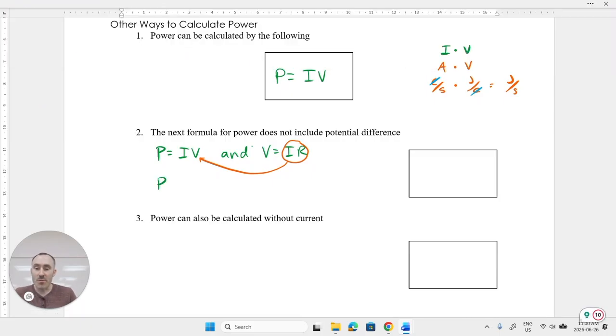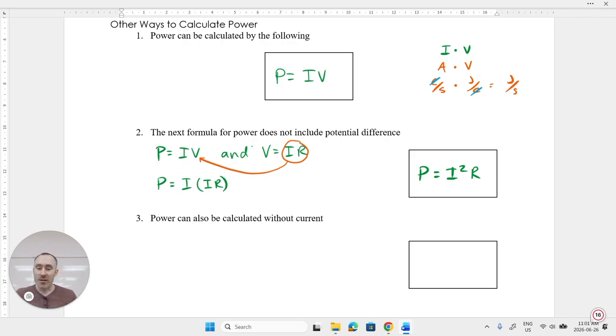So now this becomes P equals I times IR. And we can make that better. So the version that we're going to use is P equals I squared R. Okay, so that's a version of power that only uses current and resistance to calculate it.